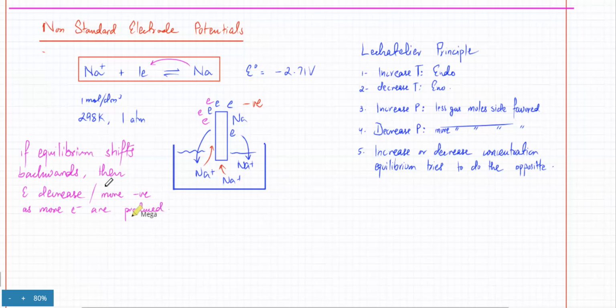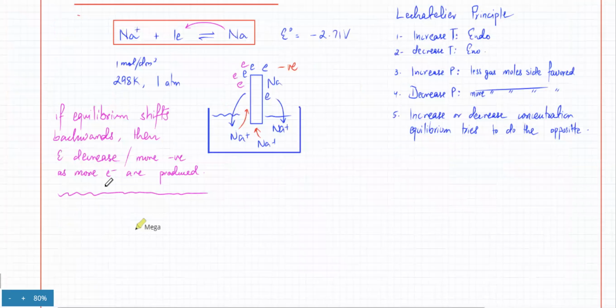And similarly, if for any reason the equilibrium does the opposite, it shifts in the forward direction, then these sodium ions are going to consume the electrons. There are many reasons for it to do that. For example, if you increase the concentration of sodium ions, it would try to decrease the concentration of sodium ions by moving in the forward direction.